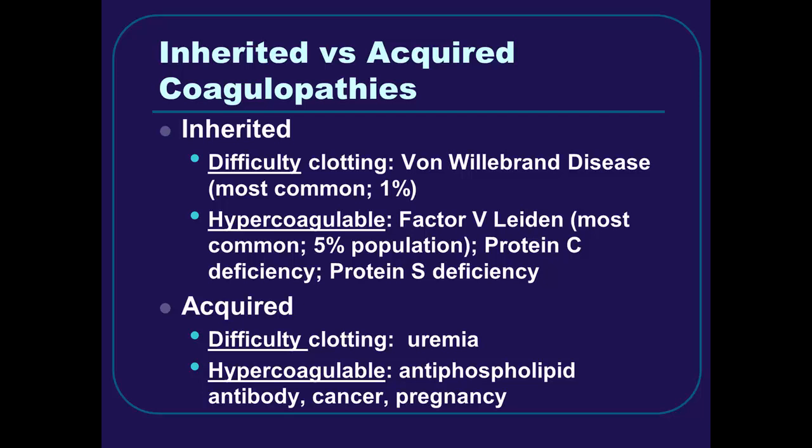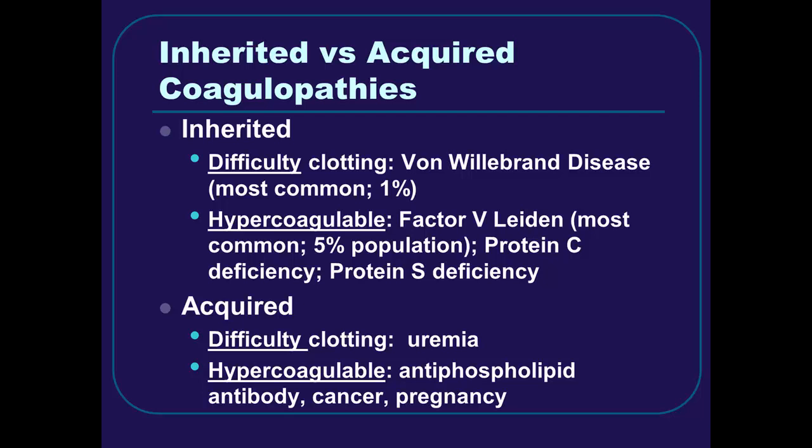So when we look at inherited coagulopathies, we have to think about those that are characterized by difficulty in clotting, and this is what we see in von Willebrand disease, which is the most common inherited hypocoagulopathy. We're going to come back to that and talk more about that. In the inherited hypercoagulopathies, the most common is factor V Leiden.